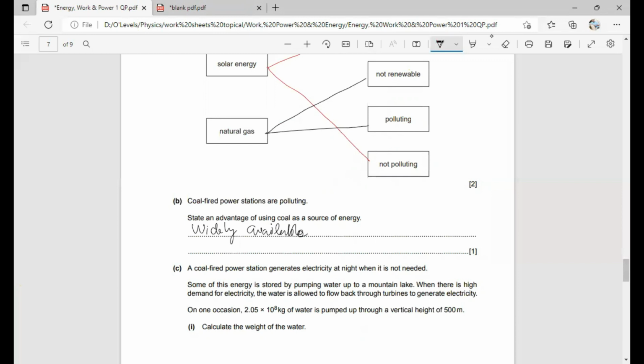So that reason is gone, where we used to write relatively cheap. We can write widely available, cheap in the long run, and can be used on a large scale.